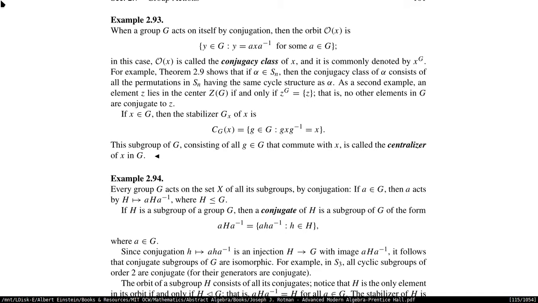What do we know about x z x inverse if we call the center of P z? What does conjugation by x do to the center of P? We know that it takes b to a.